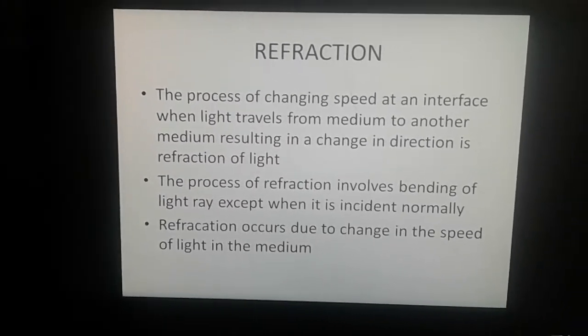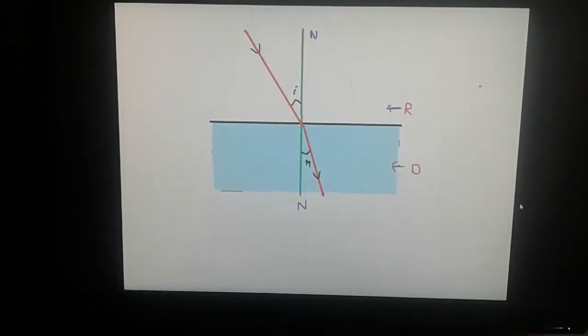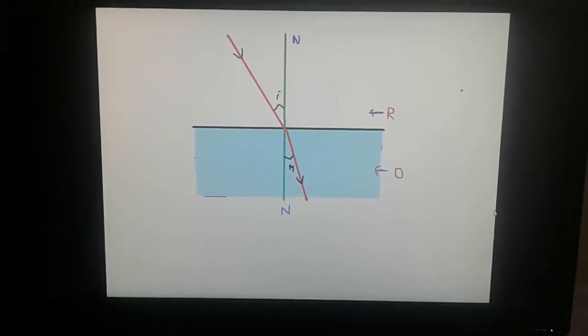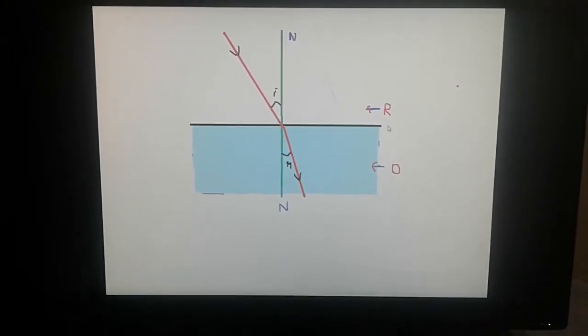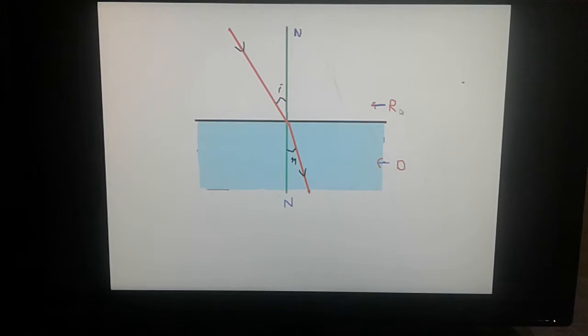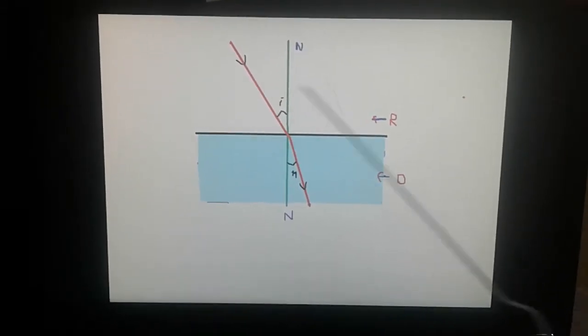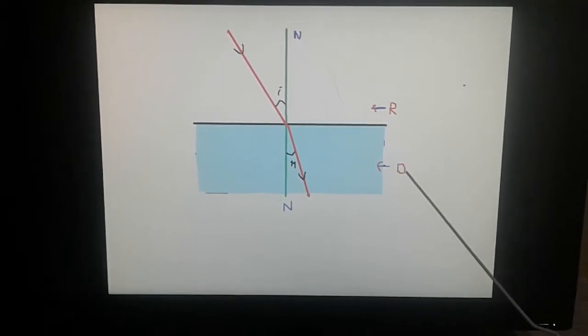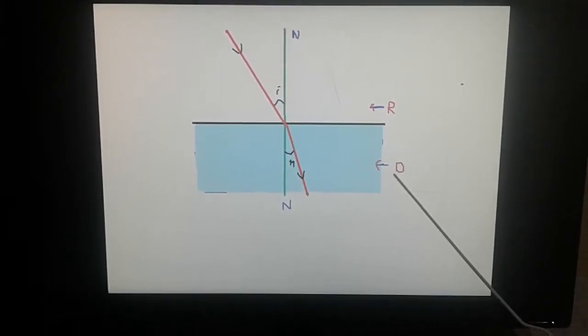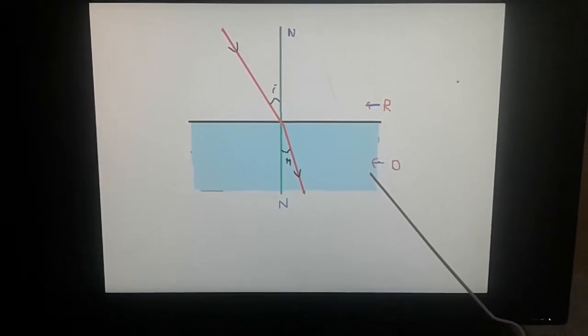Now let us move to the next slide. In this we are seeing two mediums. R represents the rarer medium, which is air here, and D represents the denser medium, which is water here.